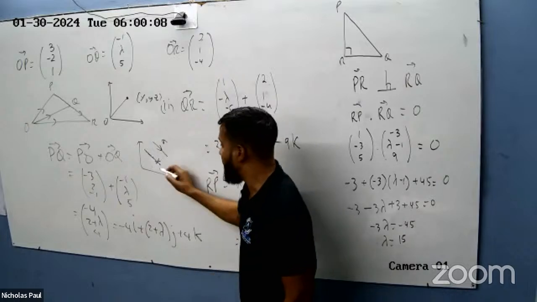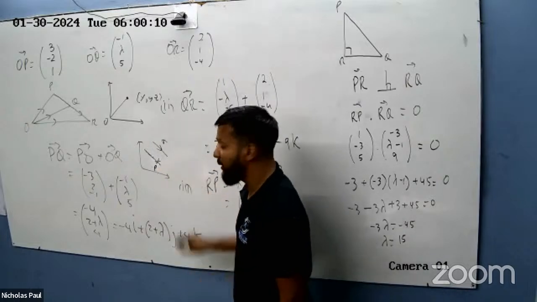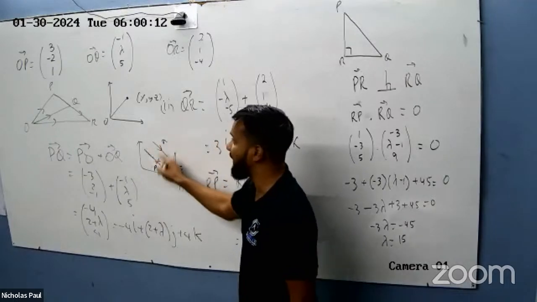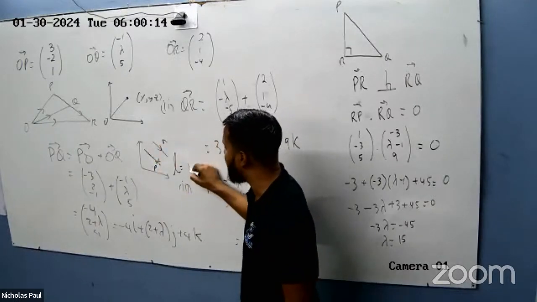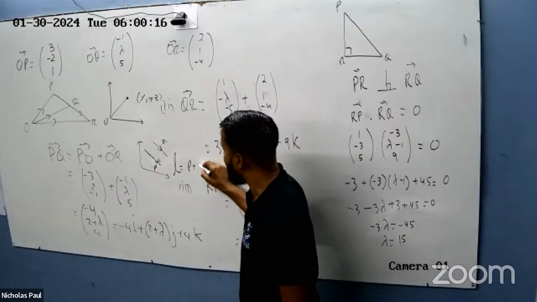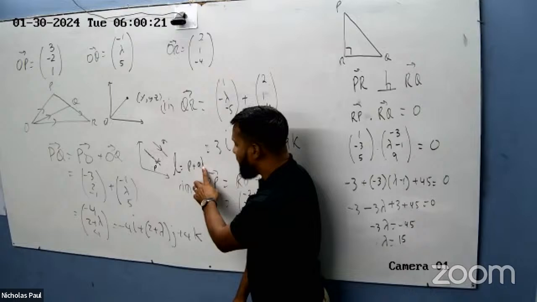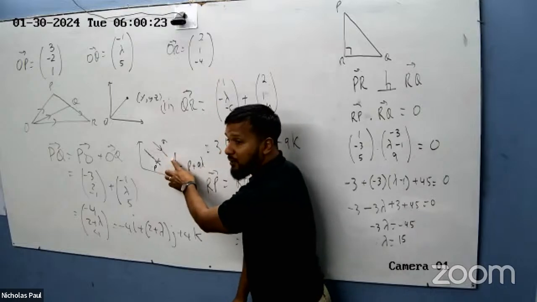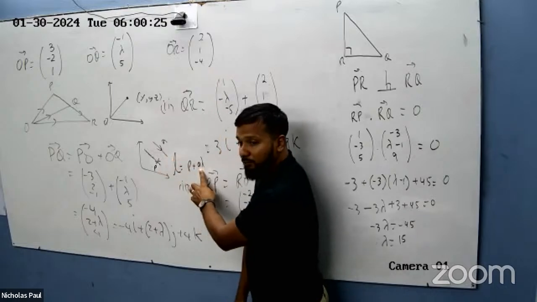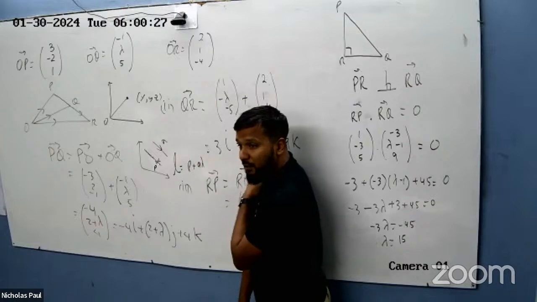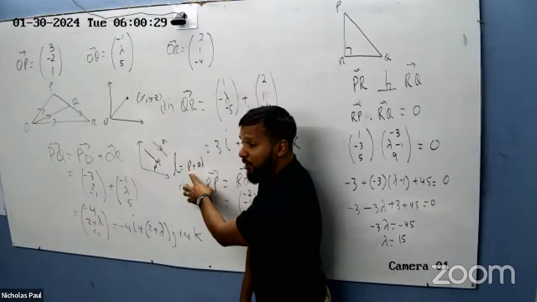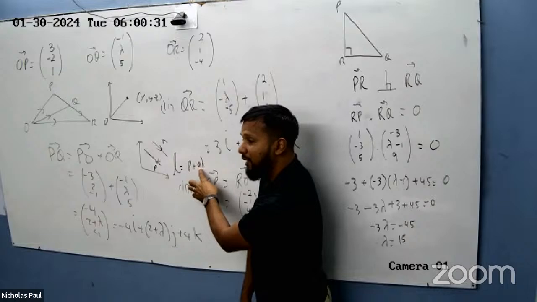So if the point on the line is P, the vector equation of a line is simply the point plus the direction vector times some constant. This constant is because parallel vectors are multiples of each other.